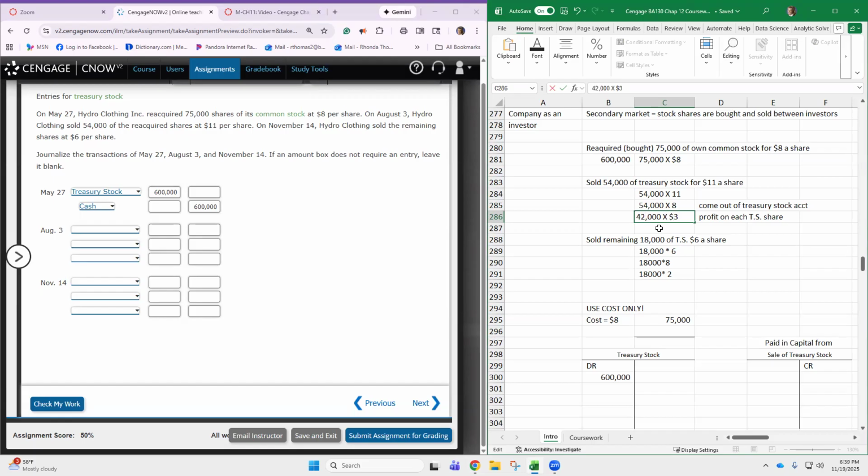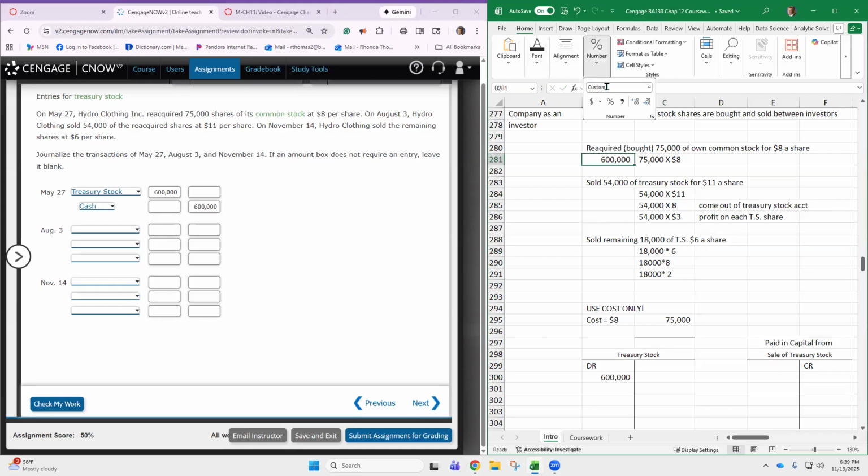So once again, let me show you how this works. We bought these shares at $8 a piece. How many did we have? 75,000. Then we turned around and sold some of them. We sold 54,000 shares at $11 a piece.